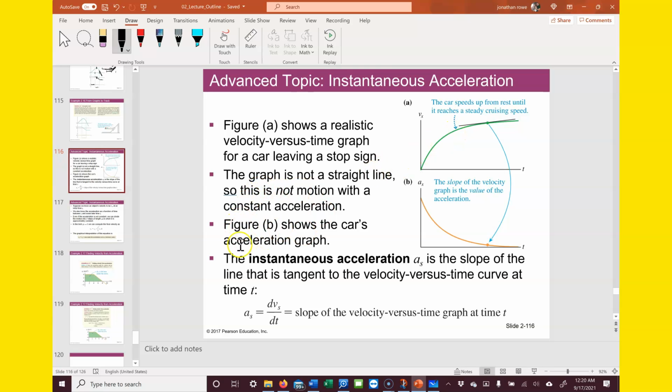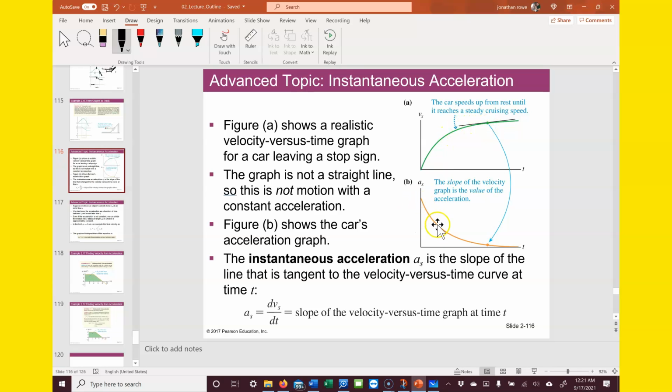So figure B shows the car's acceleration graph. The car speeds up from rest until it reaches a steady cruising speed. The slope of the velocity graph is the value of the acceleration graph. So this is a very high slope, right? Which means the acceleration has a very high value. But the slope of this is getting less and less. It's flattening out, right?